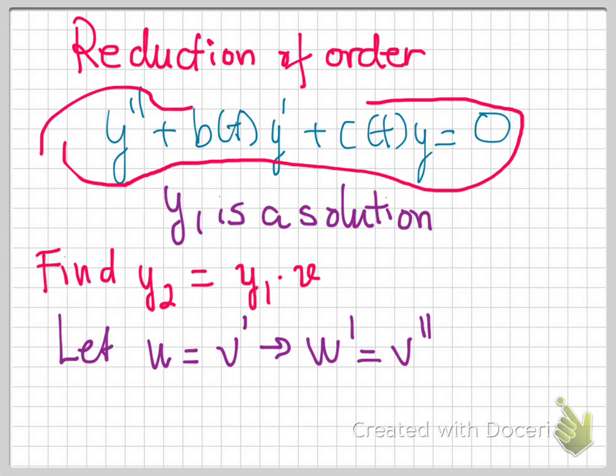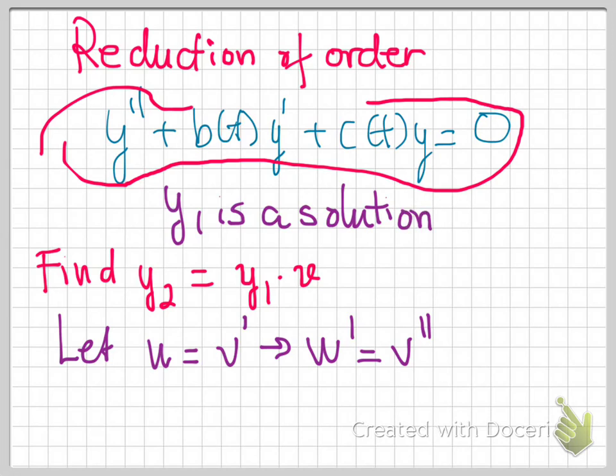We multiply v by y1 to get the second solution y2. In order to use this method of reduction of order, keep in mind that your equation needs to be in this form: the coefficient of y'' has to be 1, and the coefficients of y' and y should be functions of t.